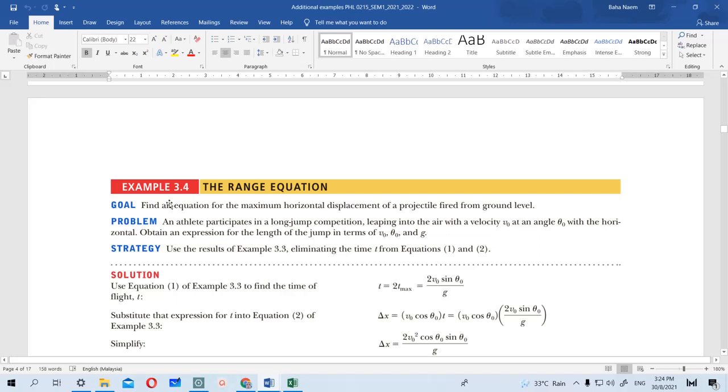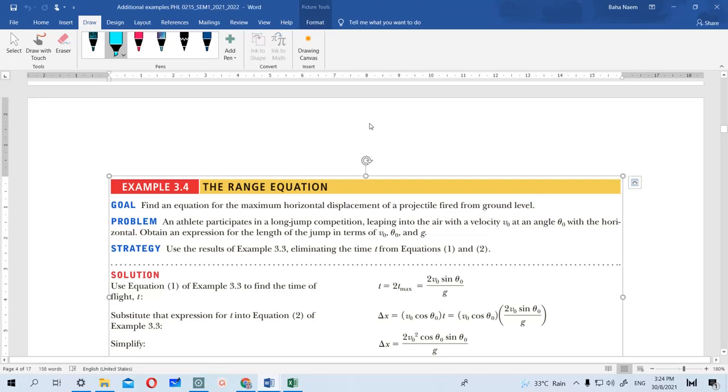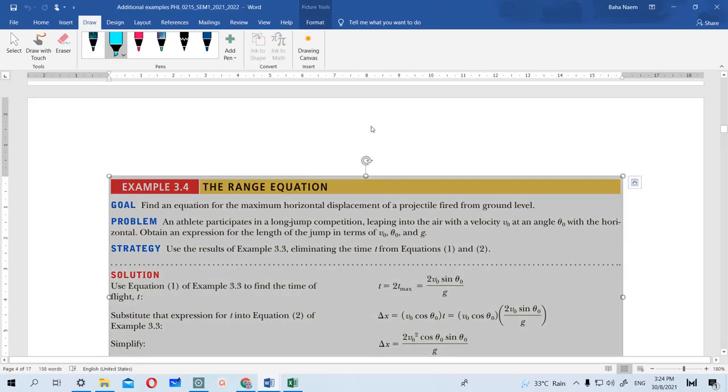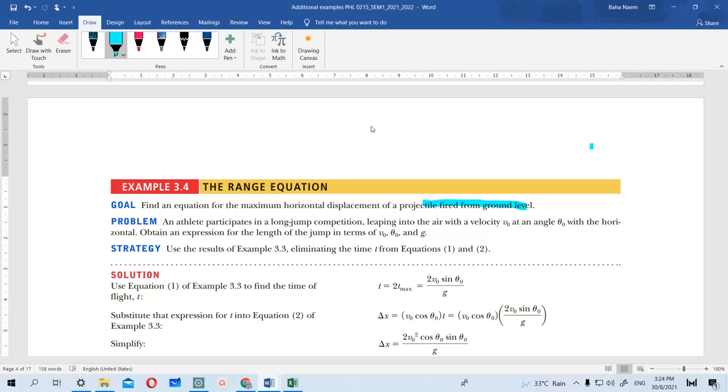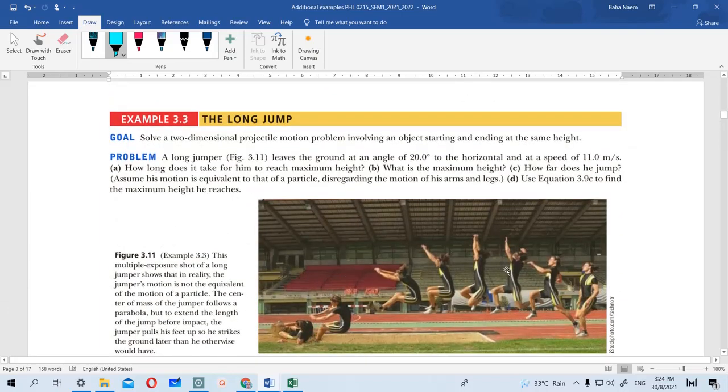Now let us have a look at example 3.4, the range equation. You will find that this is a situation where the projectile is fired from the ground, from the ground level, so the same level. If it's the same level, it is almost similar to the motion of the long jump just now.